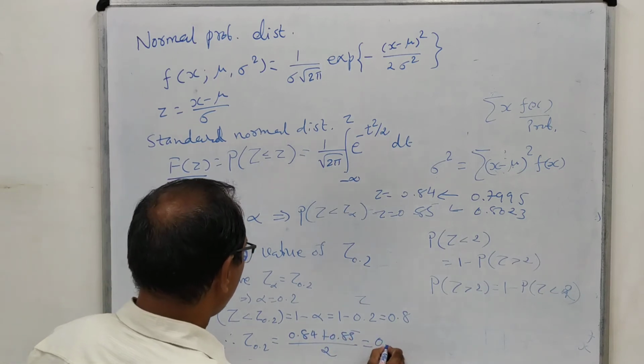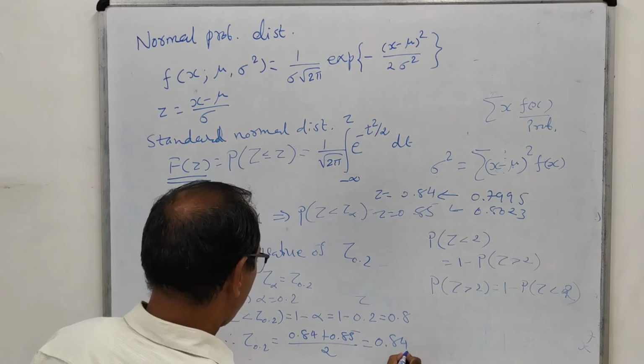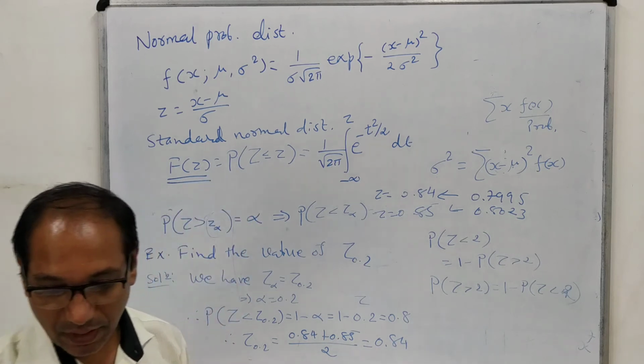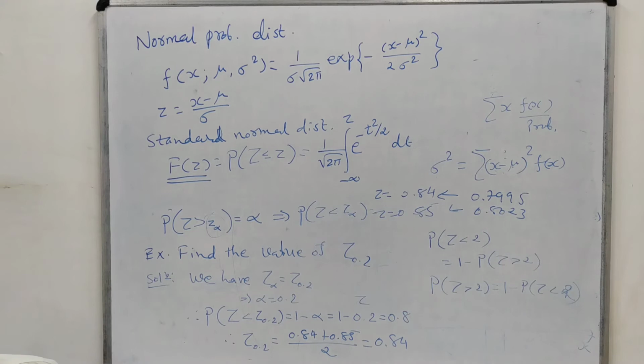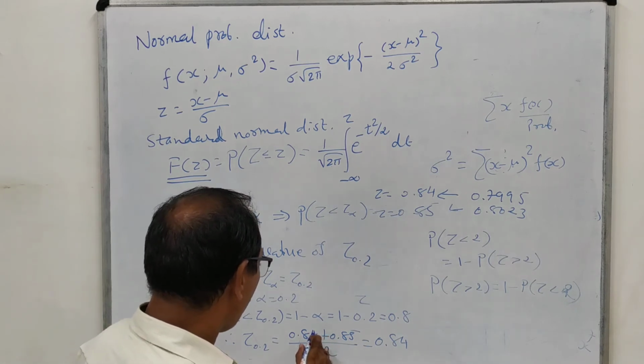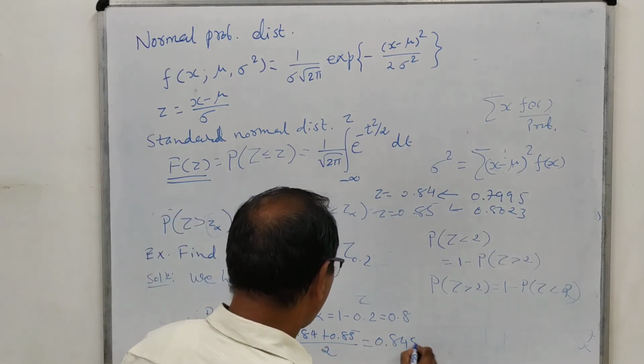That means this is nothing but 0.845. 0.84 plus 0.85, 5 plus 4, 9, 9 by 2, that is 0.845.